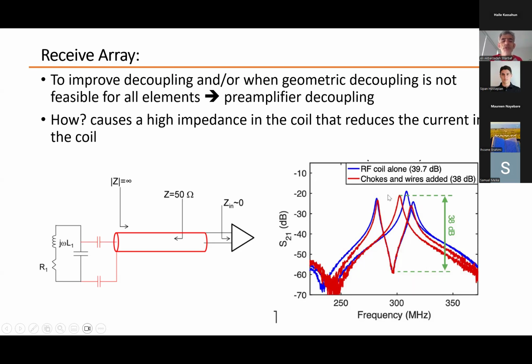This geometric decoupling together with the preamp decoupling helps us to make the coils decoupled from each other, and it is necessary to have a good performance. If they are not decoupled, we will not get a good result.